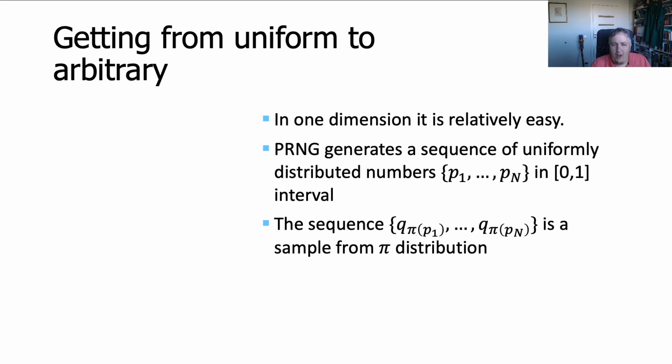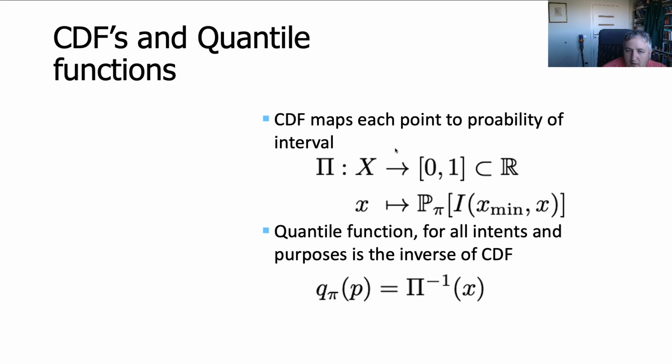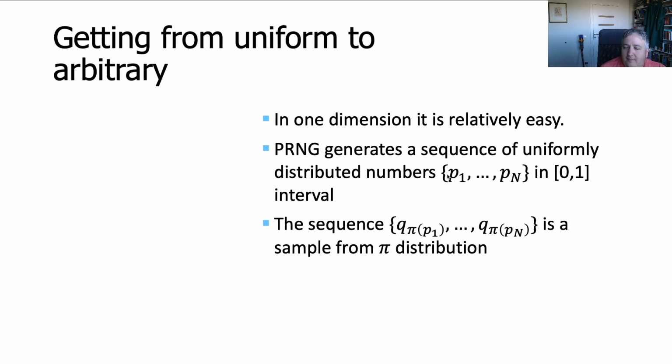Because when we generate a sequence of uniformly distributed numbers on a given interval, then the sequence of quantile function values of those parameters is a sample of the distribution to which the quantile function belongs. Because the CDF maps from X to P, the probabilities, the quantile function maps from probabilities back to X, so getting samples from 0, 1, so uniformly distributed probabilities, we get a sequence of values from our original distribution.